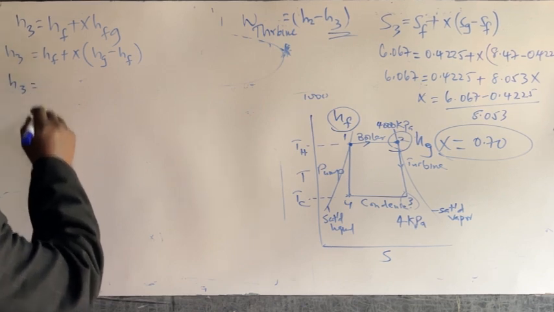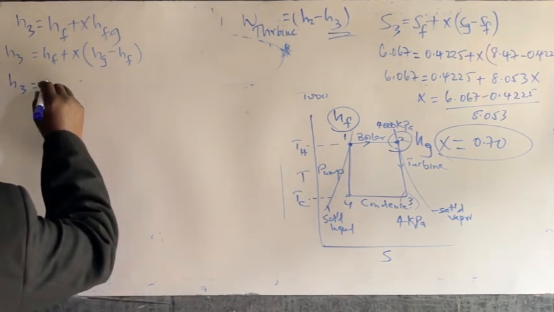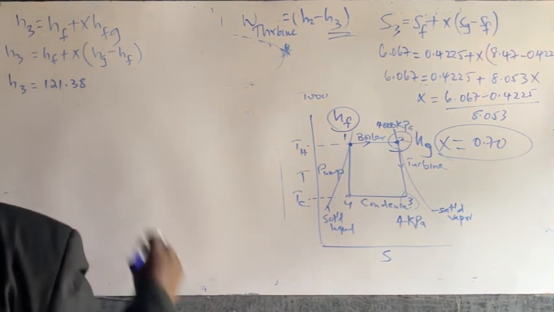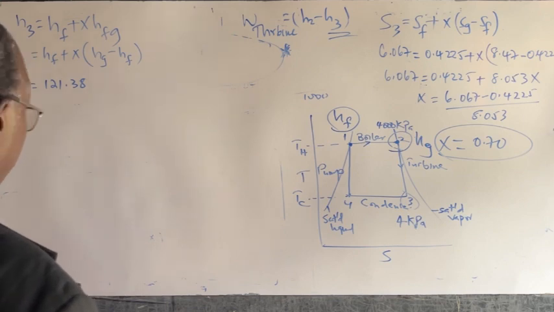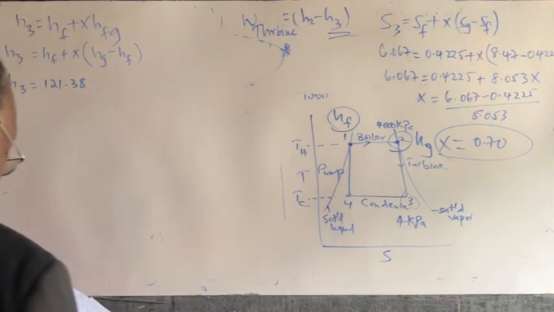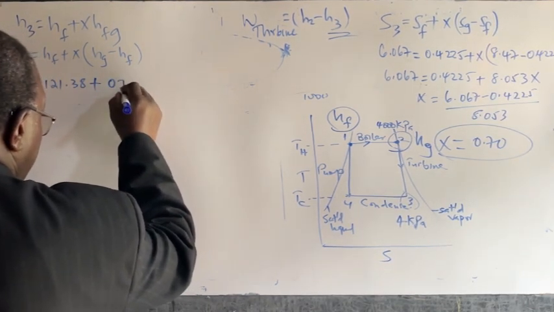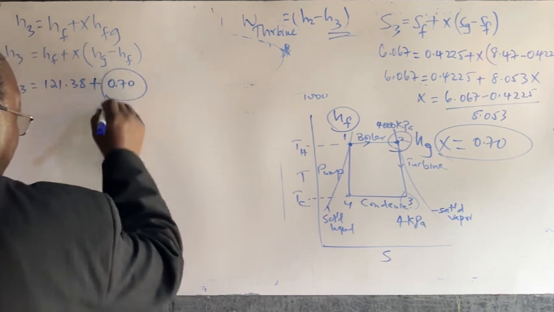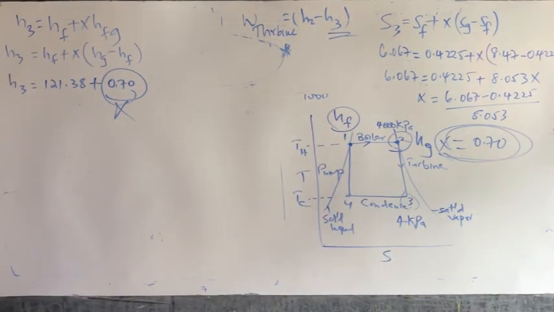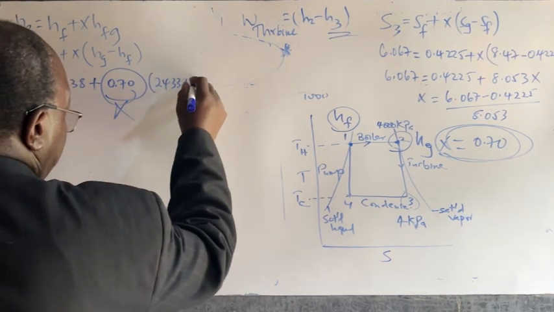And so if we go to the steam tables, then we will find that for H3, the value for HF at 4 kilopascals will be 121.38 plus 0.70. Remember, this is our X value, which we have gotten here, into 2433.6.